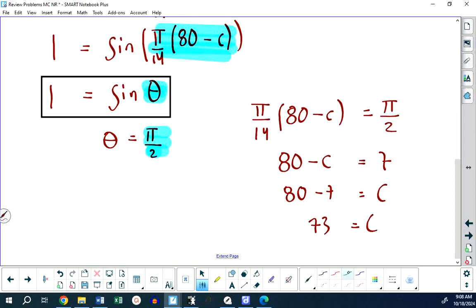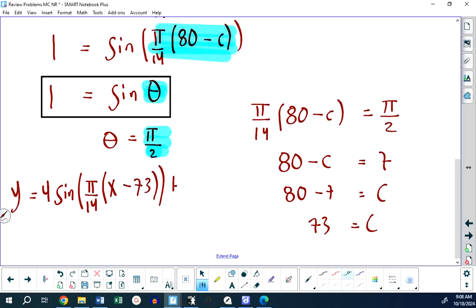Okay. And now what I've determined is the equation of the function. I have y equals a, which is 4, times sine of b, which is pi over 14, times x minus c, which is 73, plus 26.